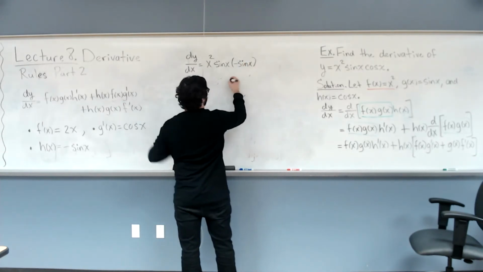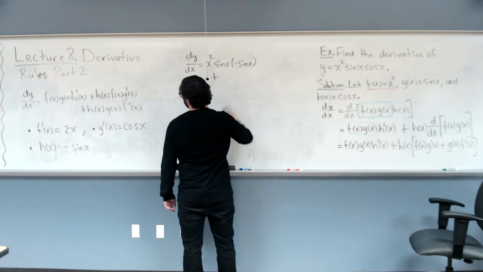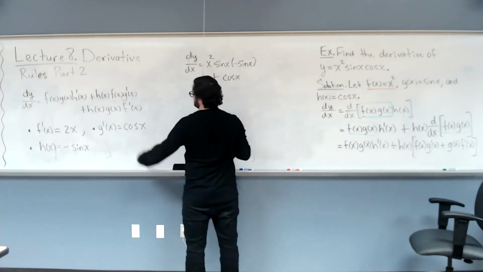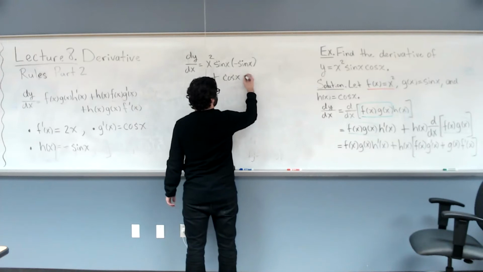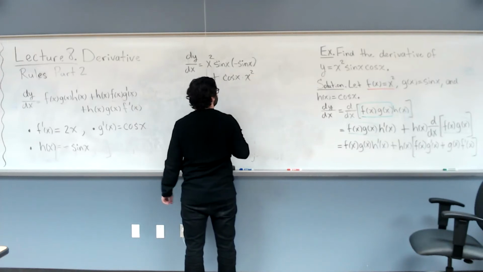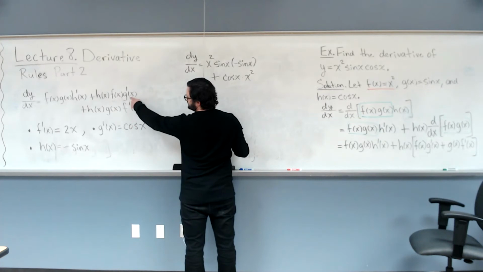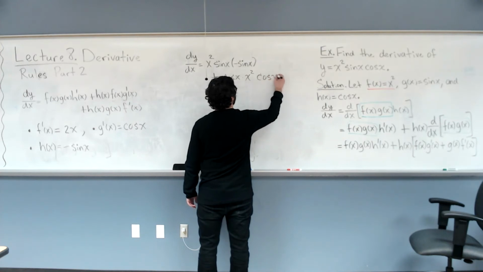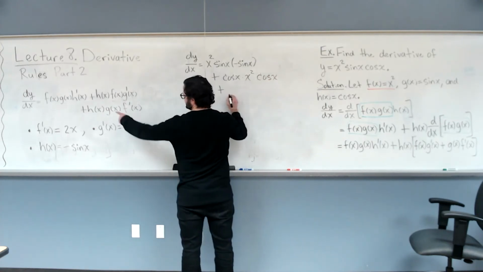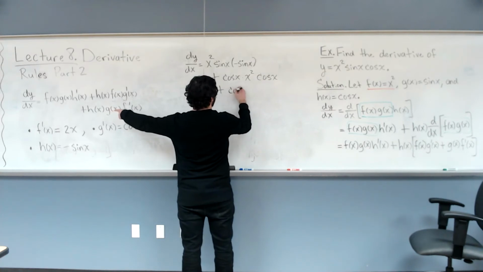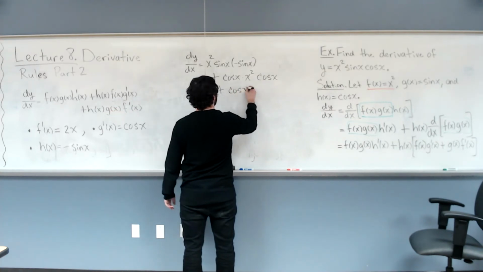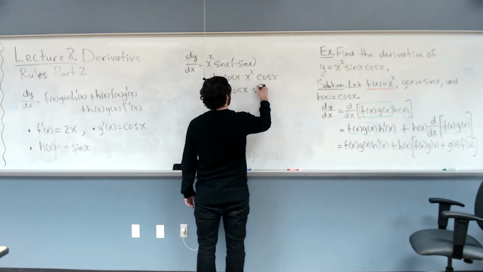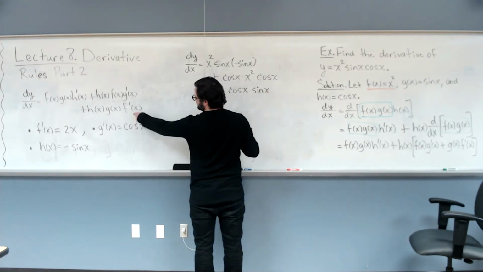And then plus this other business. We have h, which is cosine of x, times f, which is x squared, times g prime of x, which is cosine of x. And finally, the third term: h, which is cosine of x, times g, which is sine of x, times f prime of x, which is 2x.